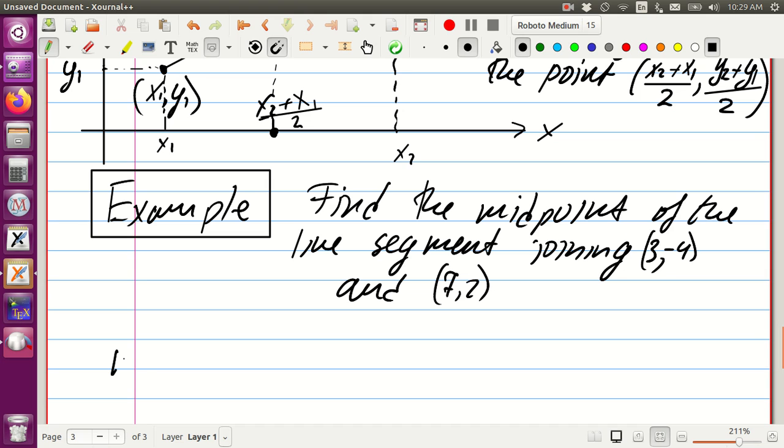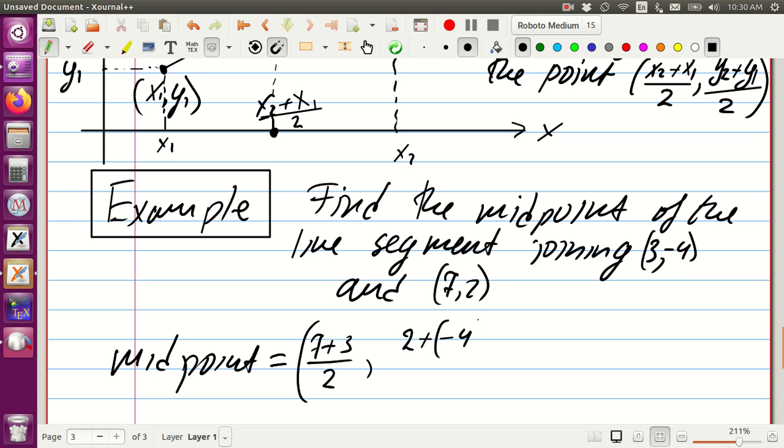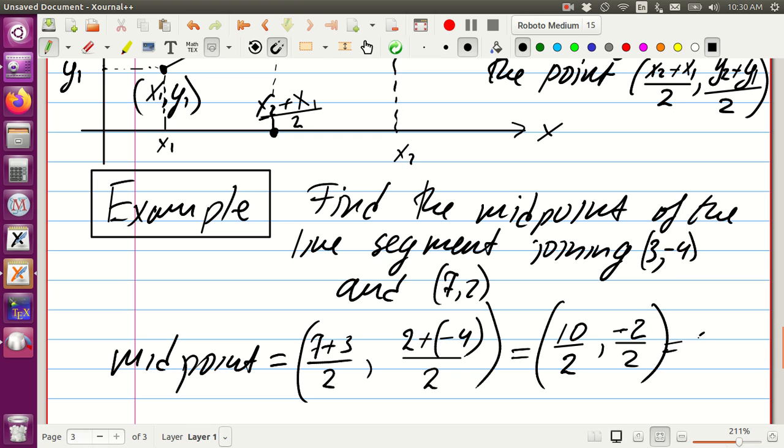All right, so we say that the midpoint is equal to, so we take x2, which is 7, we add x1, which is 3, we divide by 2, we put a comma, we take 2, we add -4, we divide by 2. So we have 10 over 2, and we have 2 plus -4, which is -2 over 2. Finally, we have (5, -1).